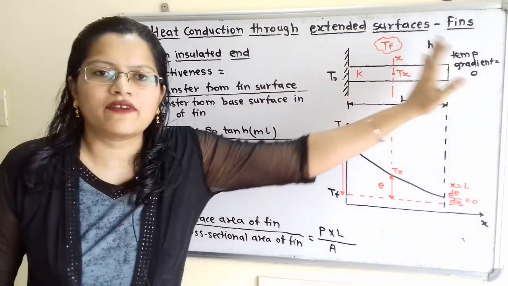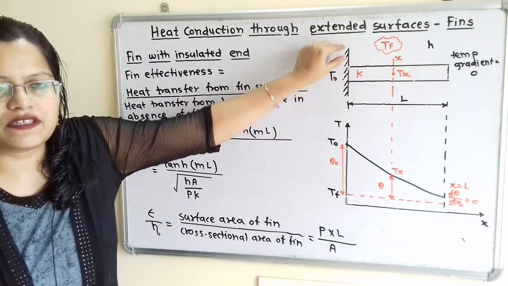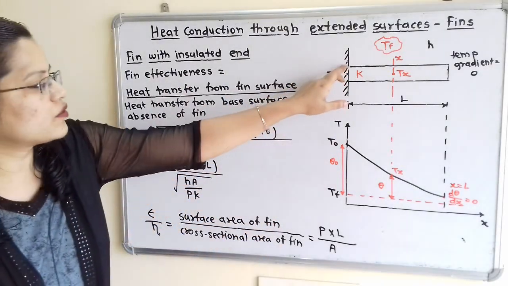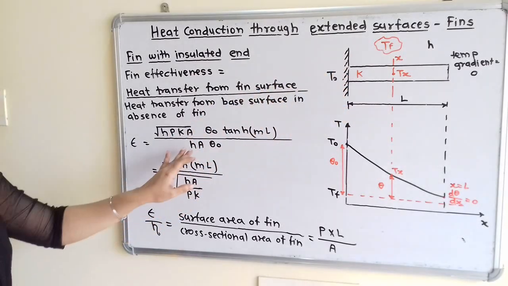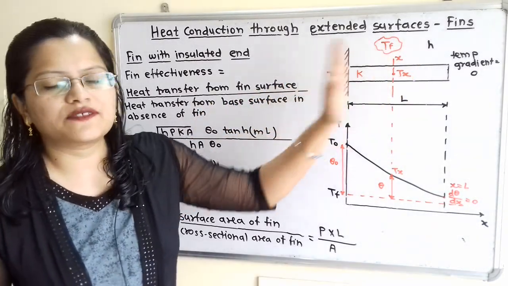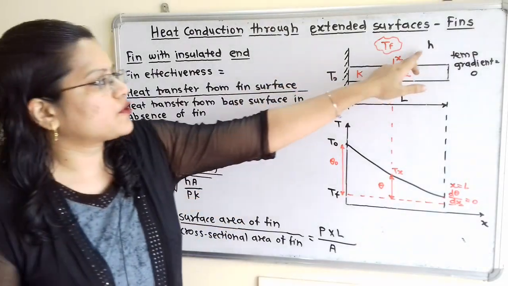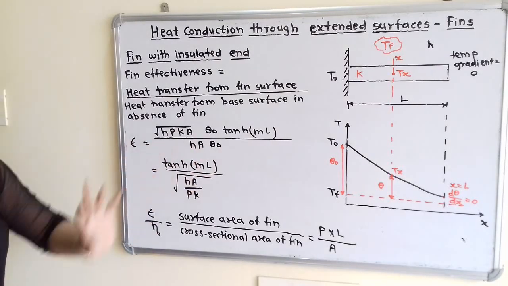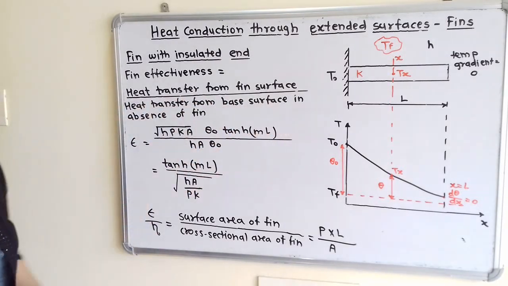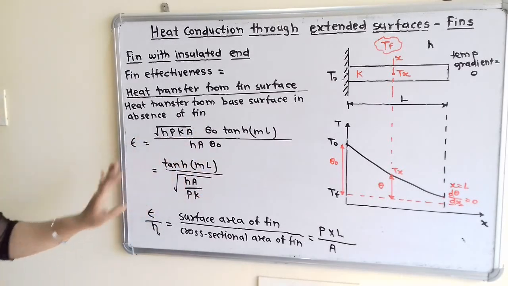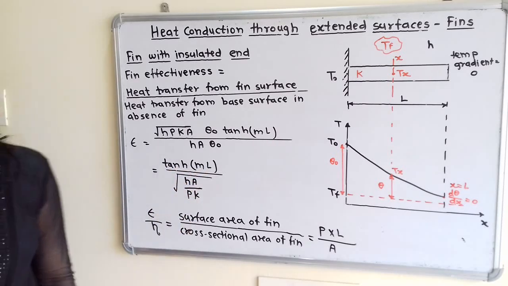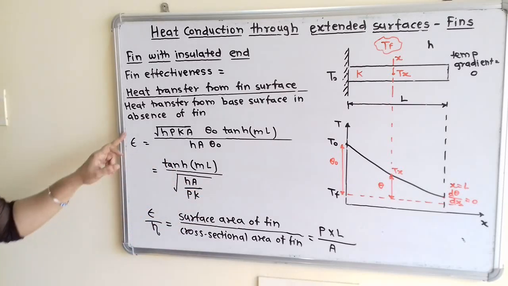Since the fin is not available, we take only the parameters available at the base: theta O, the area at the base, and h, the convective heat transfer coefficient, since the heat is transferred by convection. So we take hA theta O. If we simplify this, theta O gets cancelled, and we get the final formula tanh(mL) divided by under root of hA by Pk. This is the formula to calculate effectiveness.